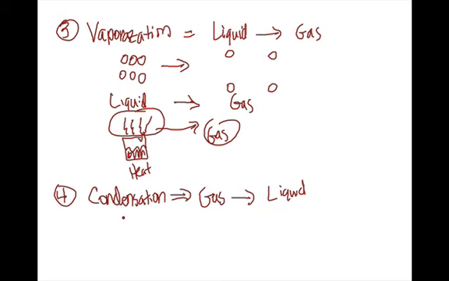So what does that look like in terms of particles? The particles in a gas are super far apart, and we need to be able to cool them off, and the molecules come back closer to a fixed position in which they are going to be more fixed, creating this liquid again.